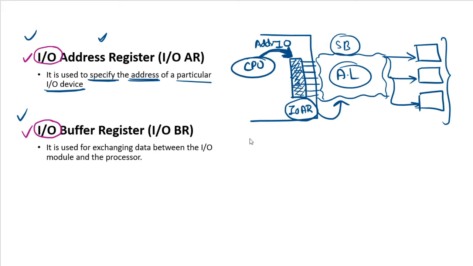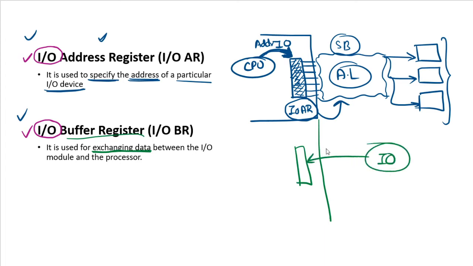While communicating, if some data is passed on, like we can see here, the IO buffer register, what is it? It is used for exchanging the data. Whenever data comes from an IO device, it will come through data lines, right?